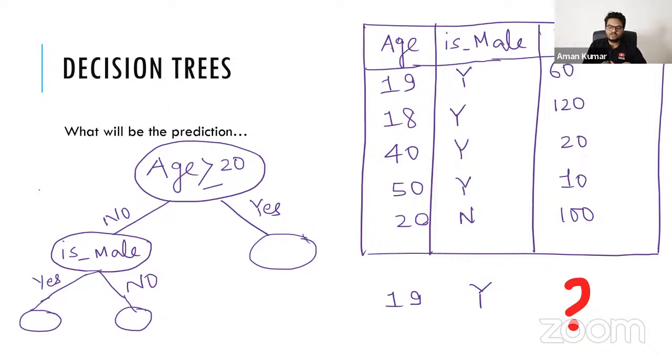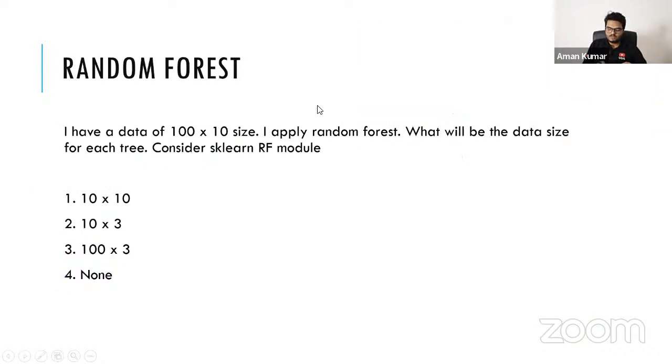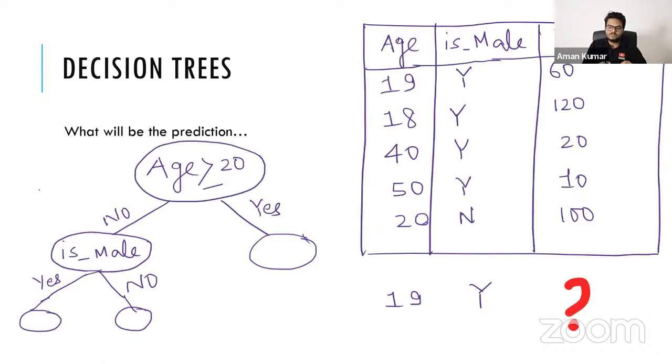The last column is your prediction column. So you have to tell me what will be the prediction for this record here. This question mark we have to fill.